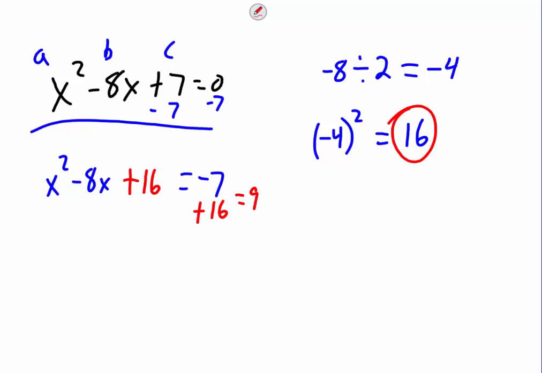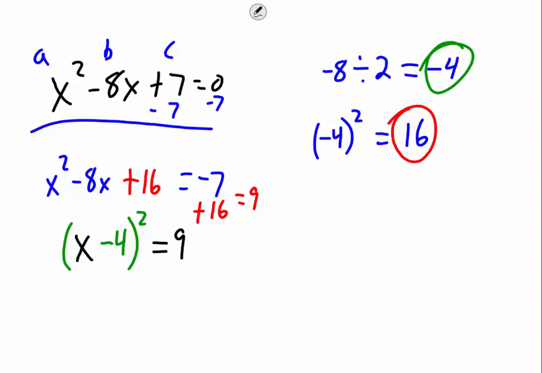Now, x squared minus 8x plus 16 is very special because it can be written as x, and then I'm going to circle the minus 4, because the minus 4 is the part that goes inside the parentheses squared. It always goes there. It makes it kind of nice. And then equals 9.